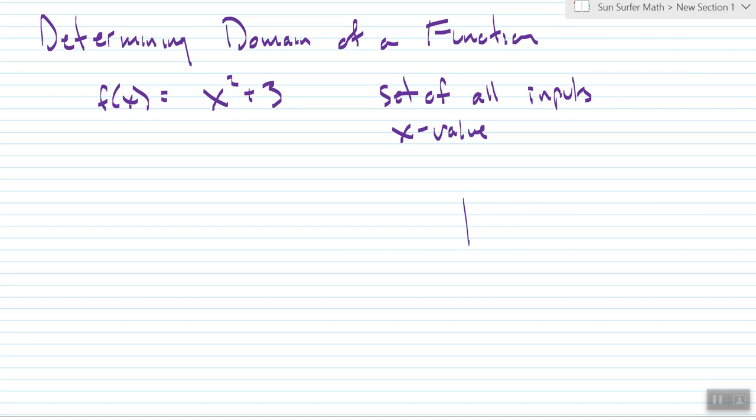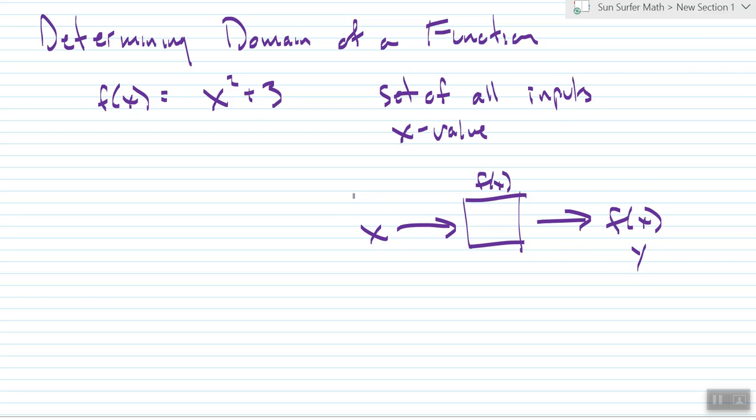A function, very simply, has inputs, which we usually call the x values, and outputs, which are the function values or the y values. And this is the function. And so when we're looking for the domain, that would be the set of all the inputs. The range, which we're not talking about in this video, would be the set of all of the outputs.